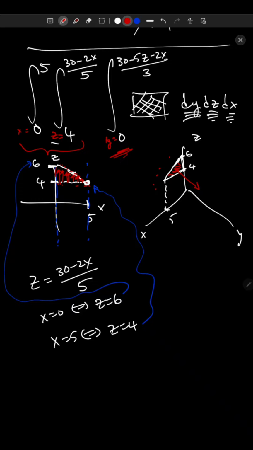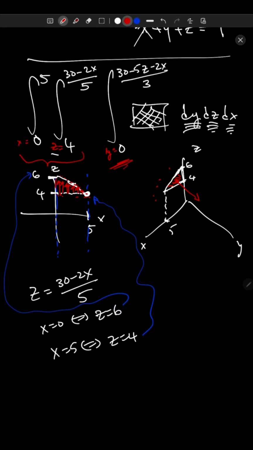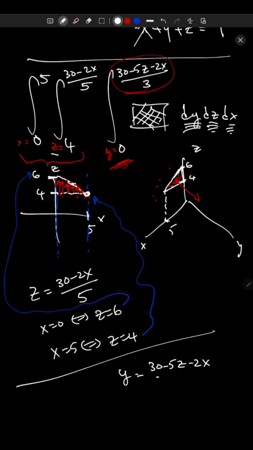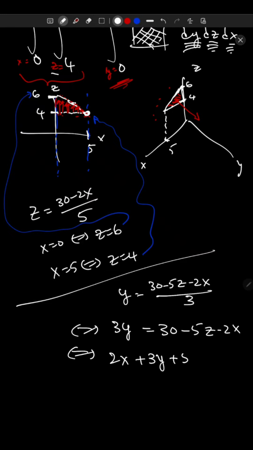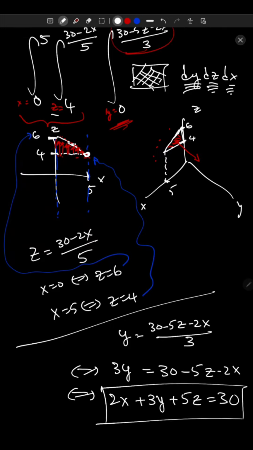So the dy integral is going to be from y equals 0, the ground, so literally from our shadow region, all the way up to this guy up here. That guy up there is y equals 30 minus 5z minus 2x all over 3. If we just divide the 3 to the other side and throw the x, y, z's to one side and the constant to the other, we can easily see that this is a plane. So we're integrating from the ground to the plane.